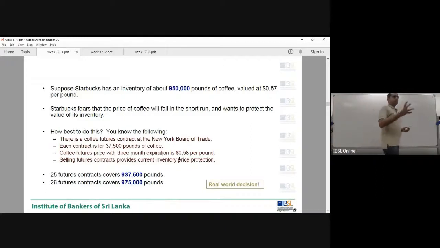Their risk is the price going down. So they have to find a derivative which makes money if the price goes down. For you to make money when the price goes down, you have to go short. So they need to go short futures.